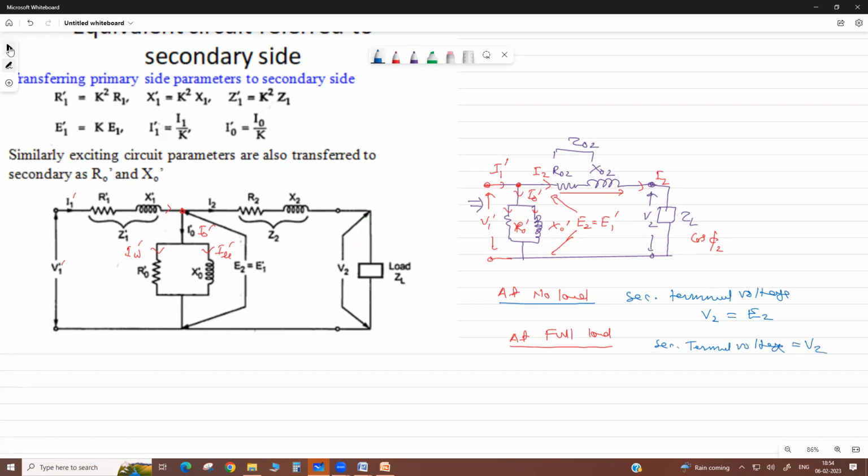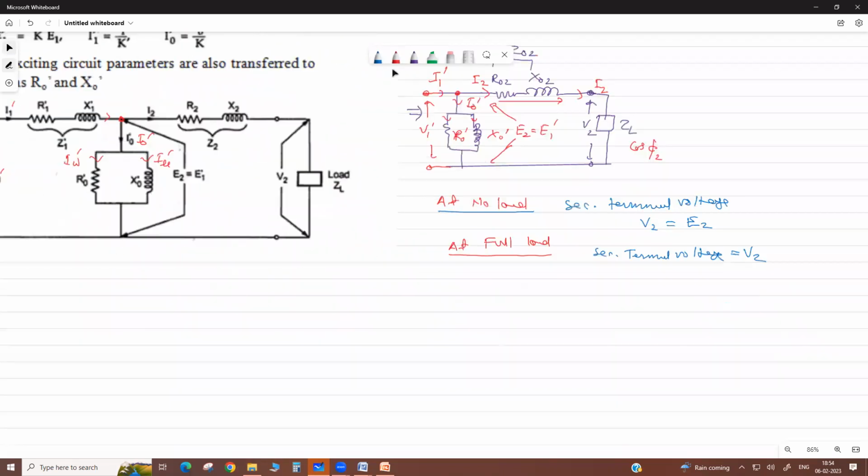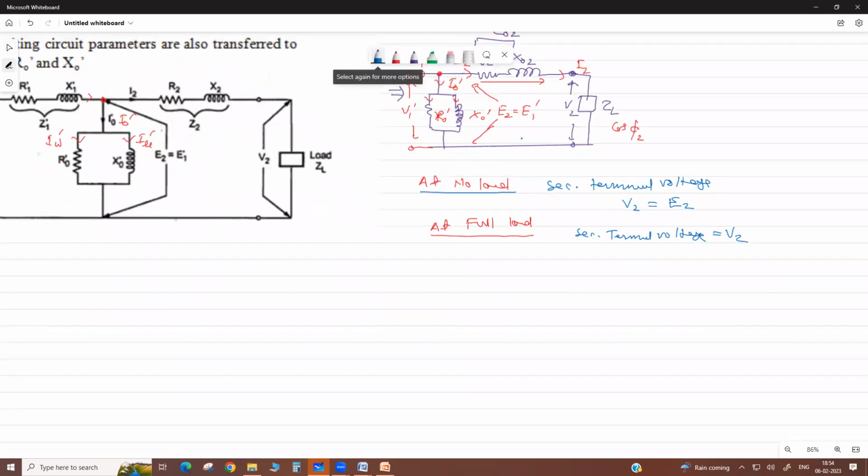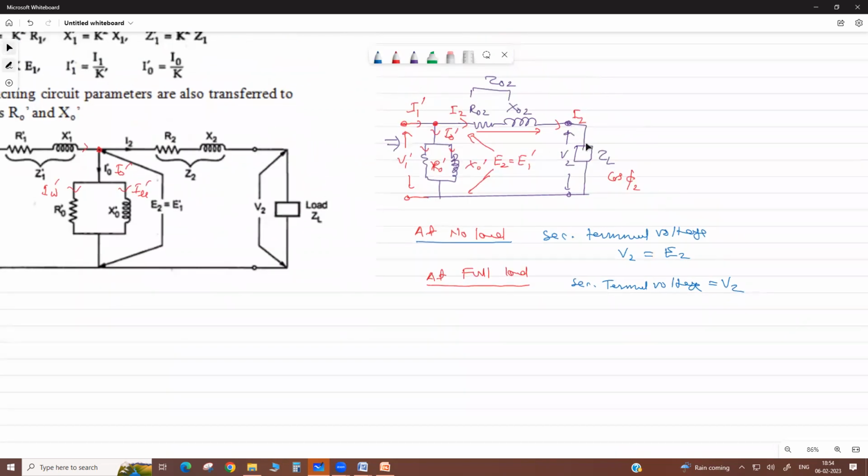Then there is a variation in the terminal voltage between no load and full load. At no load, if you remove this load, then this current becomes 0, so there is no drop here. But when there is a load, due to this drop this voltage is reduced to V2. Otherwise it is E2.